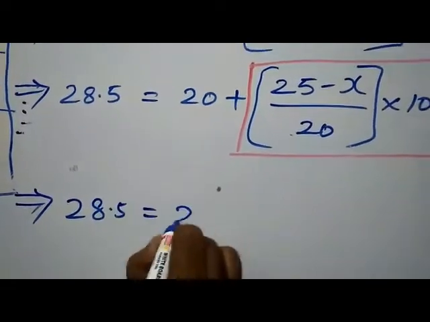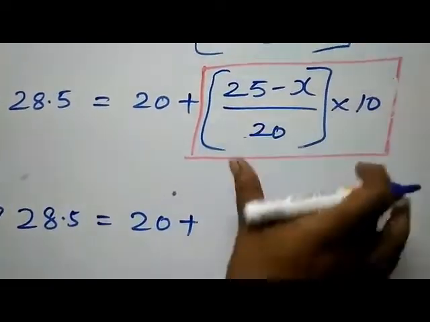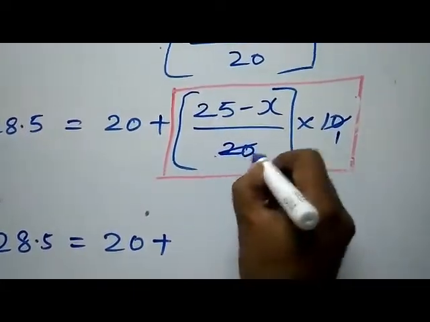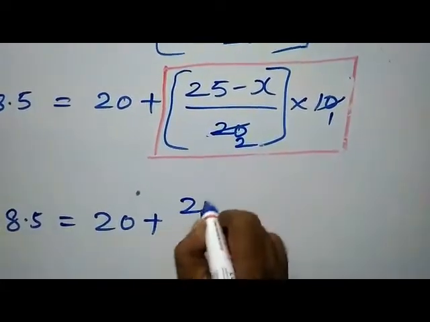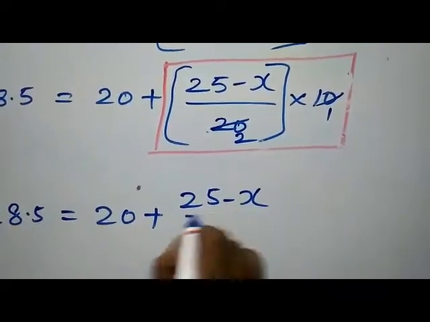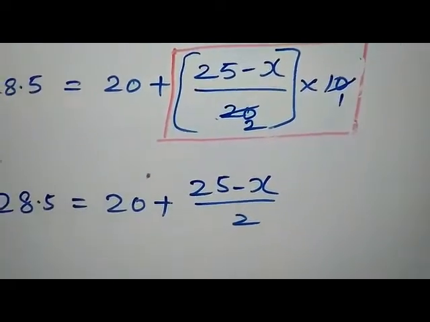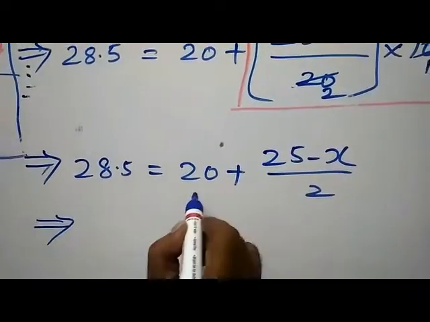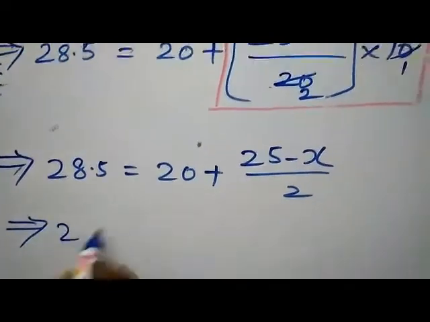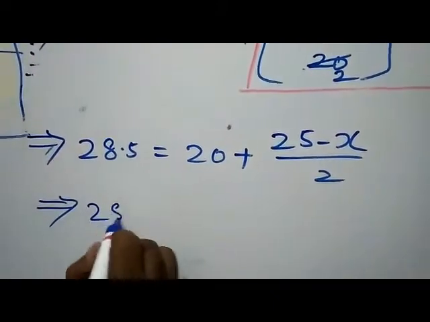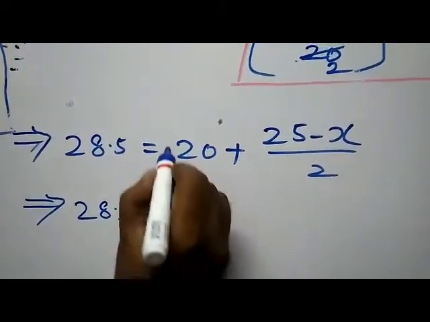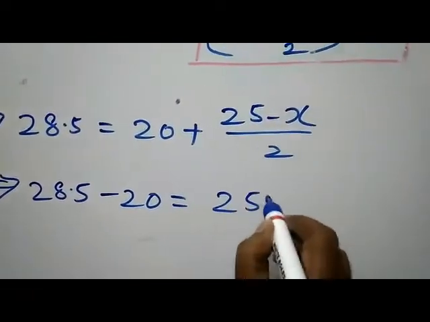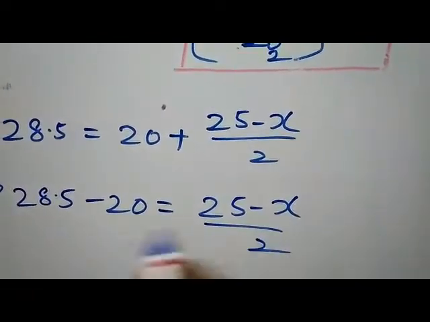28.5 is equal to 20 plus, let us simplify first this part: 10 table one time, 10 table two times, 25 minus x by 2. Transpose 20 to the LHS side, this plus will be minus: 28.5 minus 20 is 8.5, equal to 25 minus x by 2.